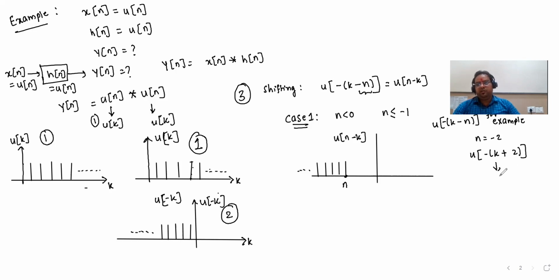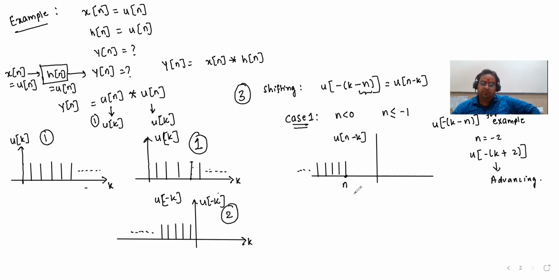Okay, which means that basically what we are doing, we are advancing it. So whatever negative value we take for n, it will be advanced in that manner. Whatever value we take for n, these samples will start from there, and u of n minus k will look like the way it is shown in this figure.